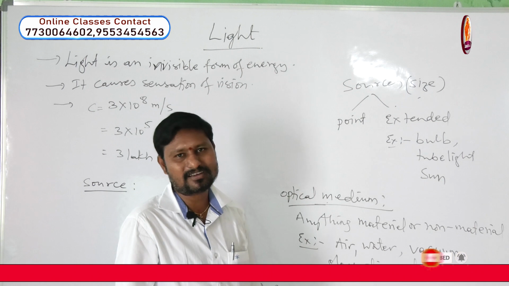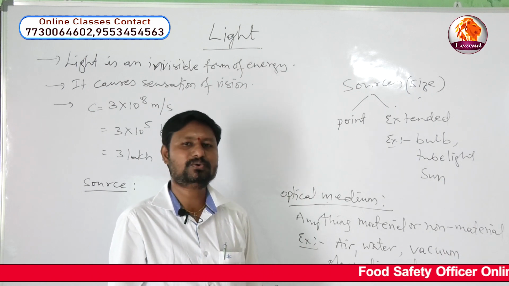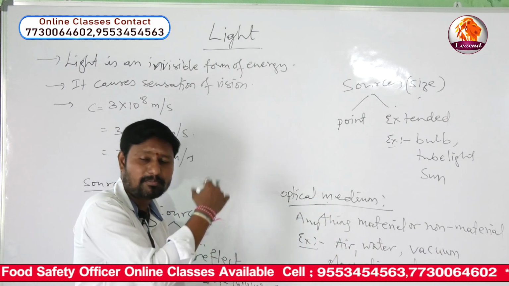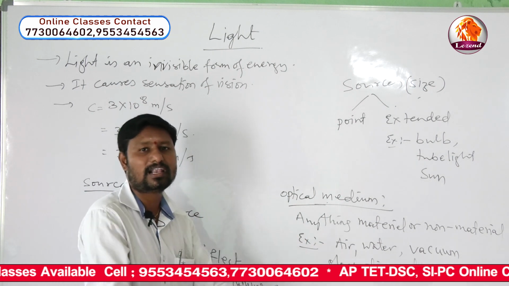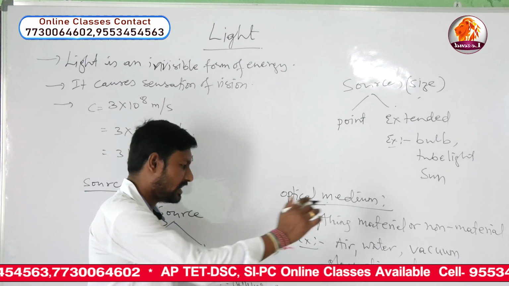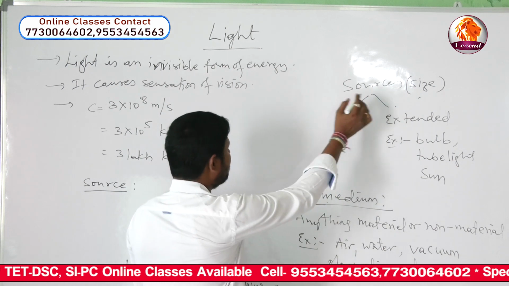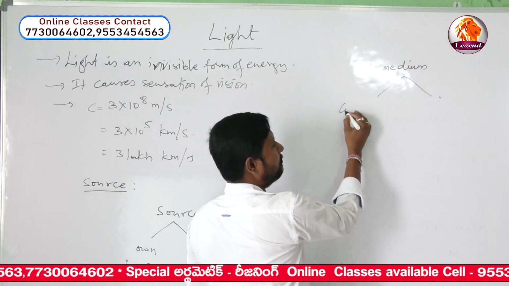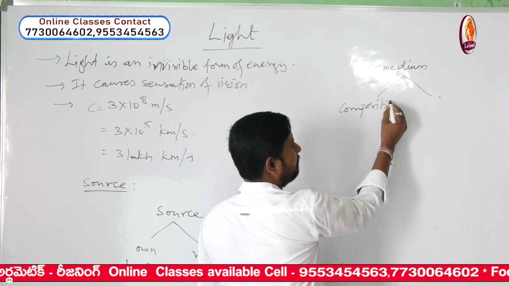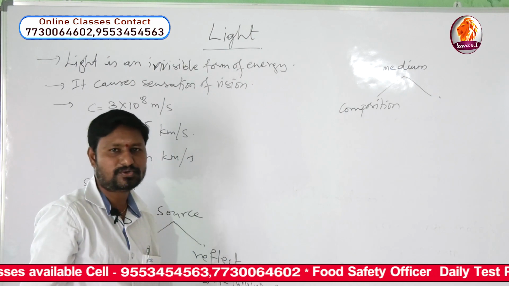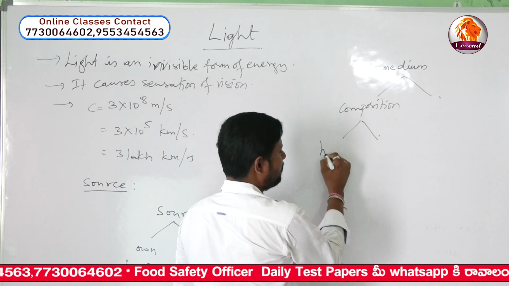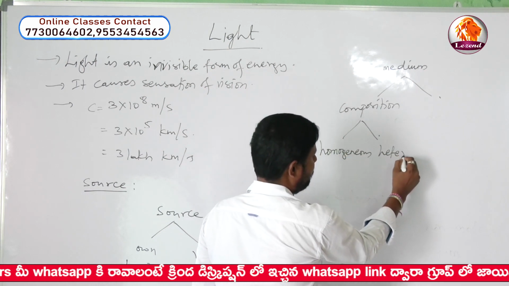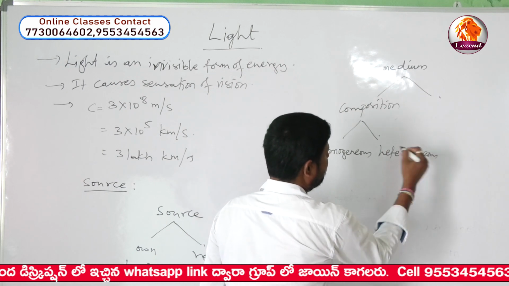And these optical mediums are again classified into two branches, depending upon the composition and depending upon whether they allow the light or not. Depending upon the composition, they are classified into two types: homogeneous and heterogeneous.